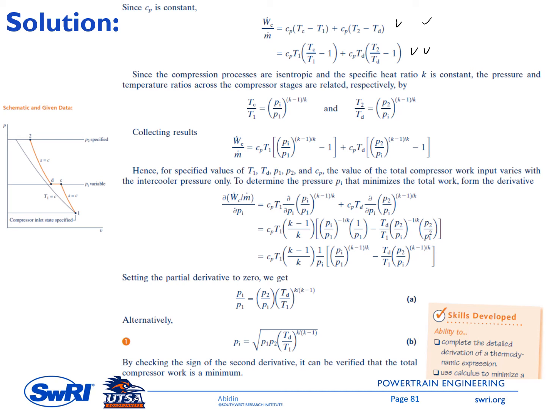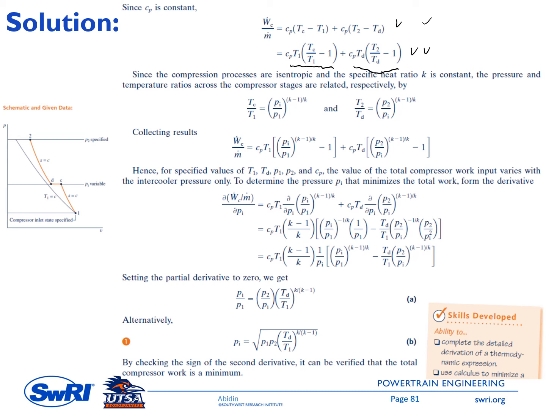In this term, you multiply it by T1 and then divide by T1 for the one inside the bracket. Similarly, on the second term on the right, you multiply Cp by Td and then divide each term inside the bracket by Td.